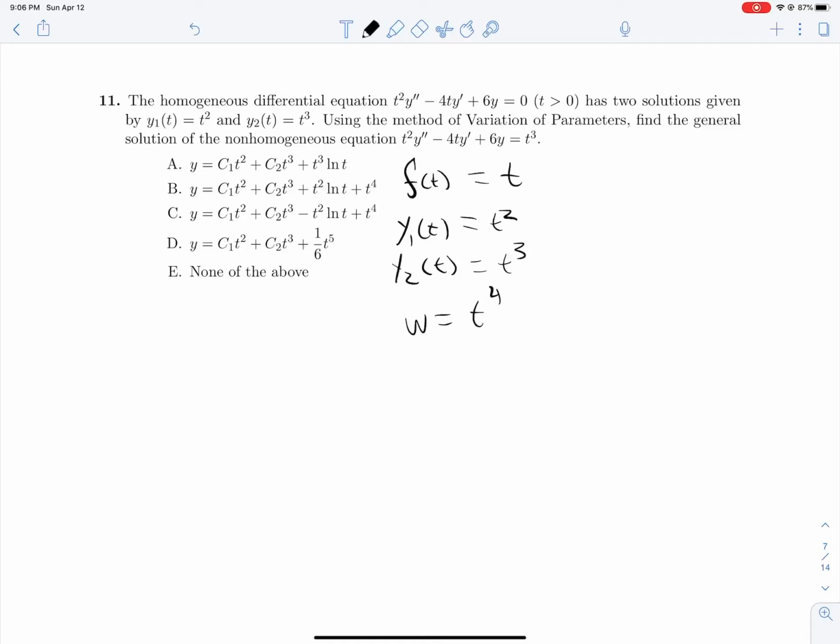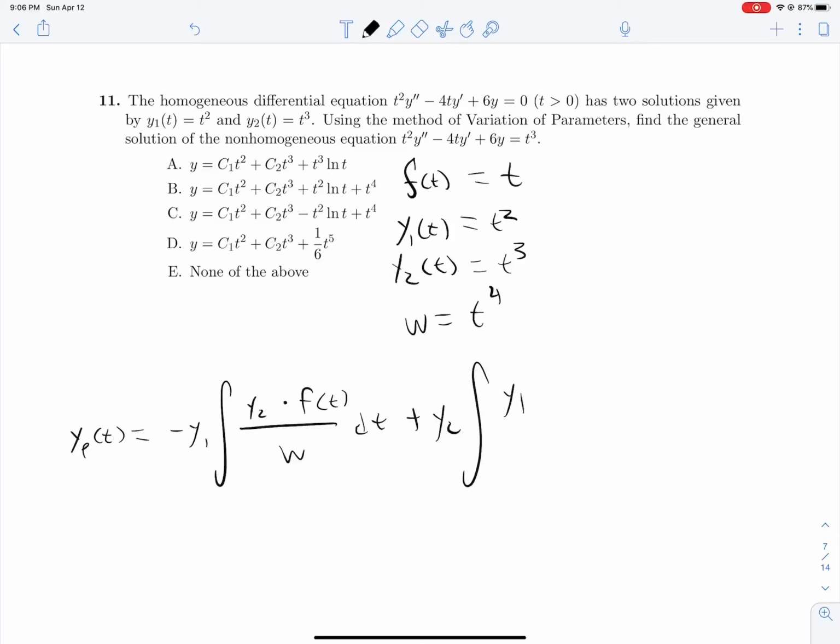Okay, and we're setting up yp of t as being equal to negative y1 times the integral of y2 times f of t divided by the Wronskian dt plus y2 times the integral of y1 times f of t over the Wronskian dt.